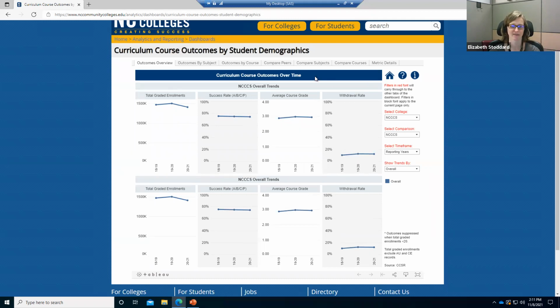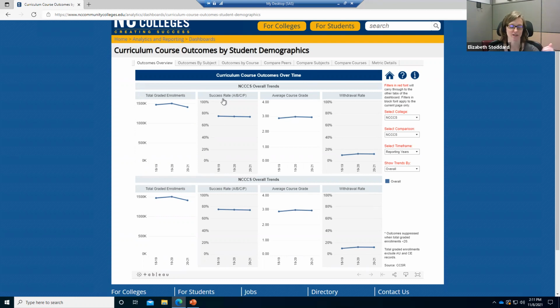This dashboard in particular is curriculum course outcomes. So we're looking at curriculum courses here, and we're looking at outcomes, which we define as your total enrollments and your total graded enrollments in your courses. Graded enrollments are all enrollments excluding AU and CE records. That's what we mean by graded enrollments here.